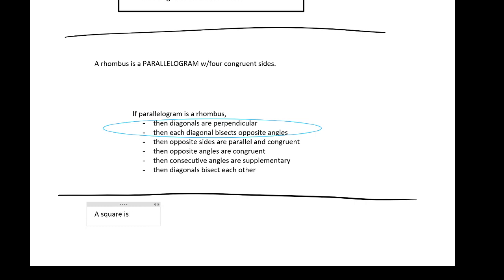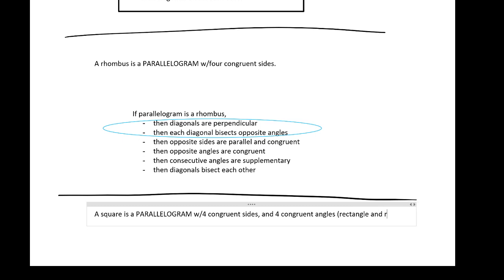It's a parallelogram still. Some more repeated reasoning. It's a parallelogram with 4 congruent sides and 4 congruent angles, or in other words, it is a rectangle and rhombus simultaneously. It's a very specific instance.